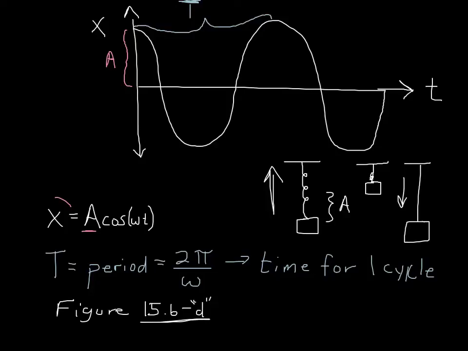And this is actually a very specific case where I pull my spring down to the maximum amplitude and let go. But what if I did something in between? How would I describe it if I didn't pull my spring to its maximum amplitude? Even then, my position can still more or less be described similarly. I still have my amplitude times cosine of omega t, and I'm going to add on this little lowercase delta.